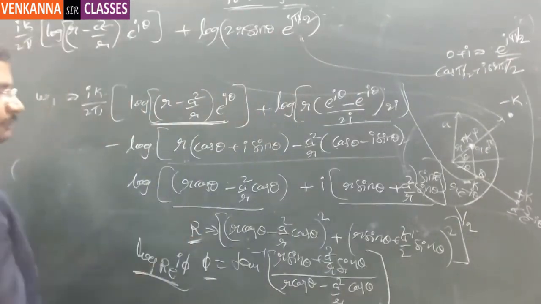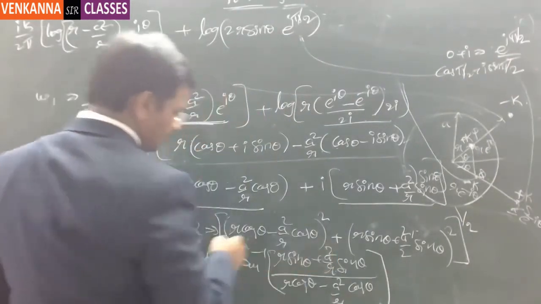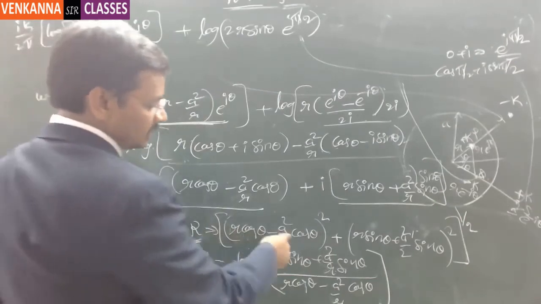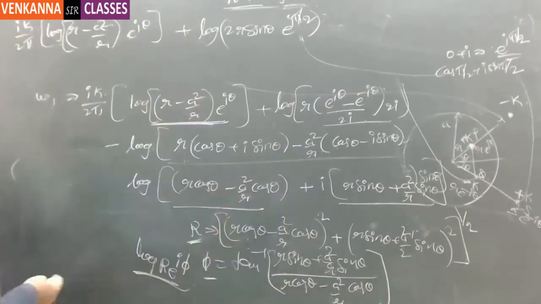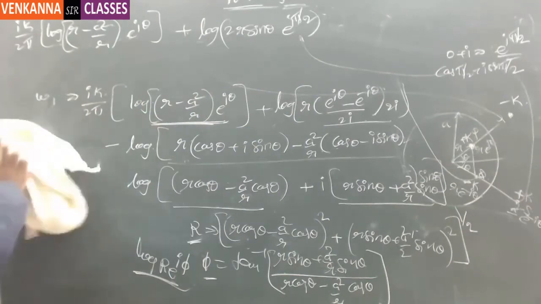Now coming to this simplified part, this is the square root of a minus b whole square. I'll just erase this.